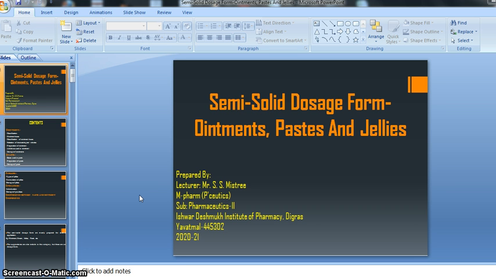You have already done some portion, like its advantages, its introduction, then some portion from the classification of emulsion, then ointment basis. So before starting today's topic, that is classification of ointment basis, let's summarize it.